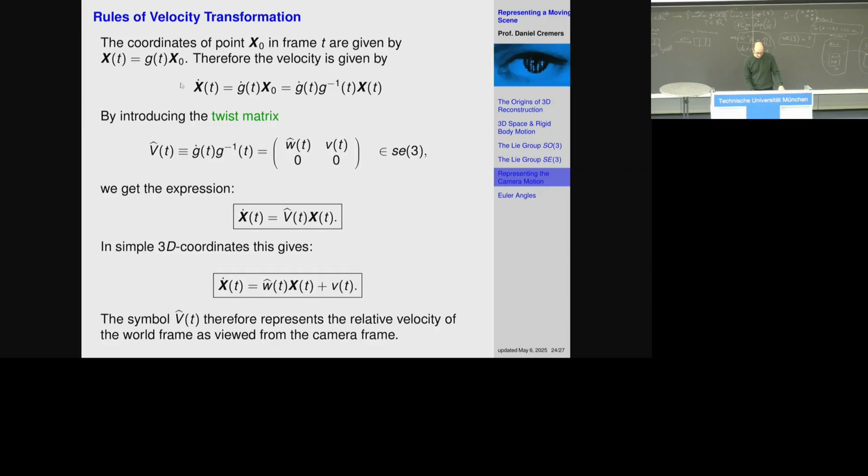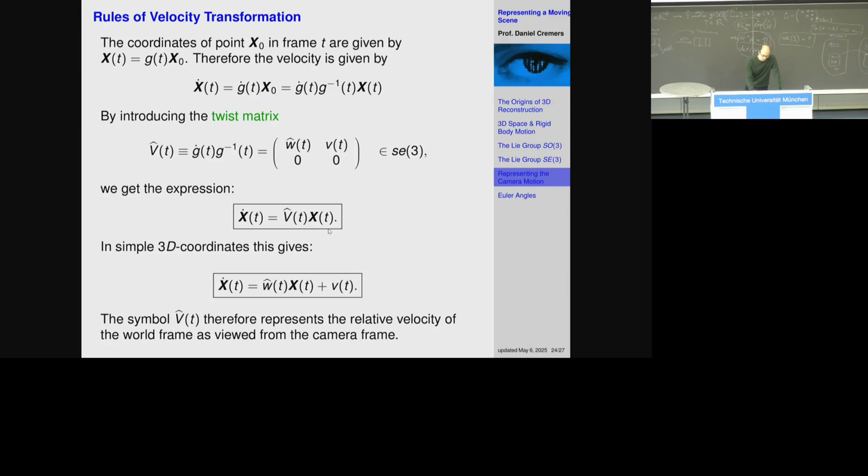And so you can see that the velocity of that point, as observed in camera frame t, is given by a Lie algebra element times the coordinate vector. And this we call the twist matrix, g dot g inverse. We saw these are the 4x4 matrices from little se(3). And so we can write the velocity as a twist matrix times the coordinate vector.